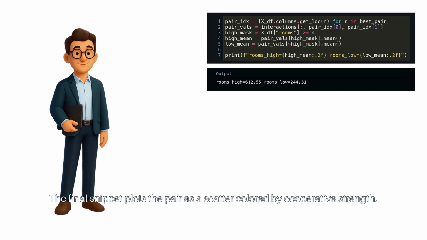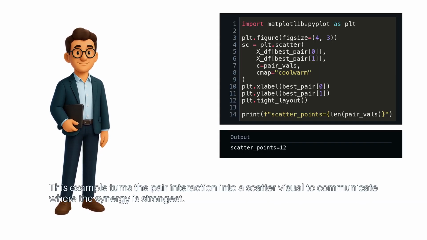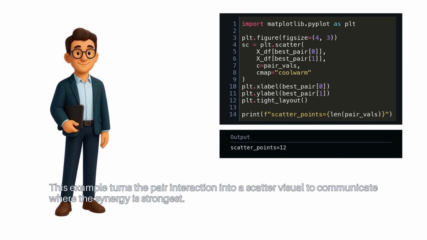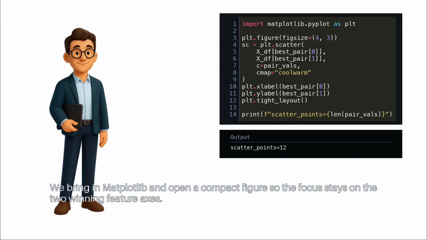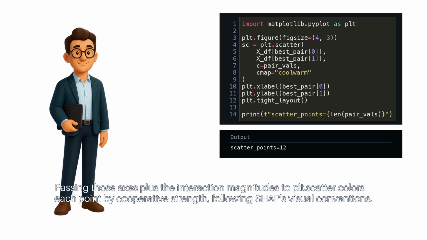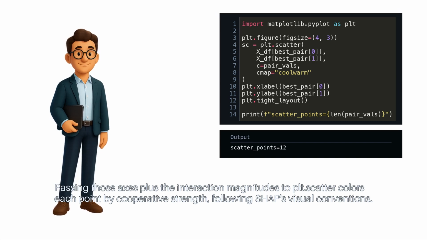The final snippet plots the pair as a scatter colored by cooperative strength. This example turns the pair interaction into a scatter visual to communicate where the synergy is strongest. We bring in Matplotlib and open a compact figure so the focus stays on the 2 winning feature axes. Passing those axes plus the interaction magnitudes to plt.scatter colors each point by cooperative strength, following SHAP's visual conventions.